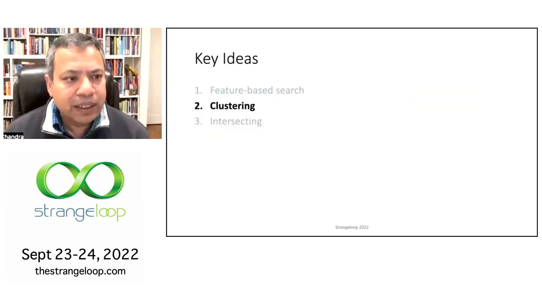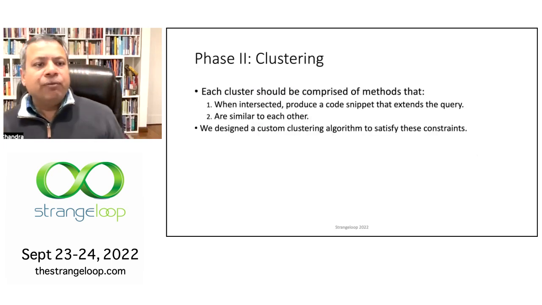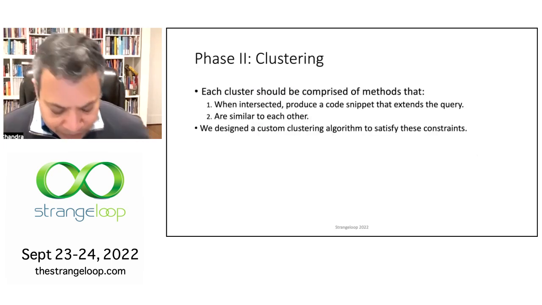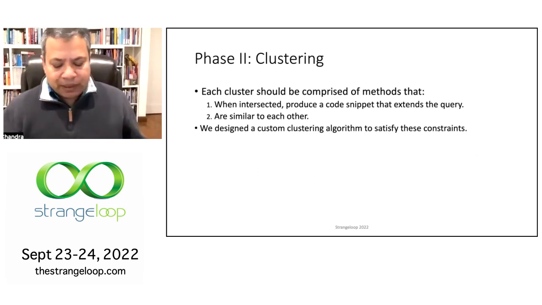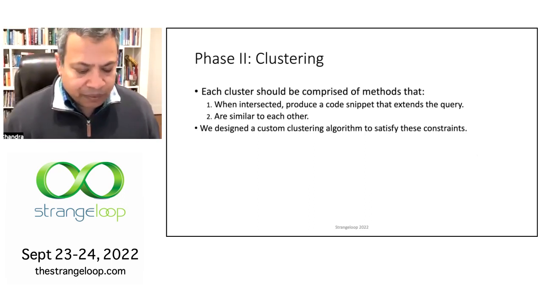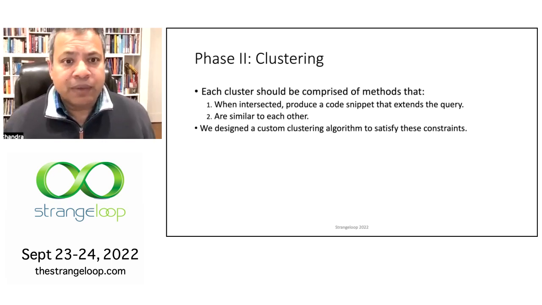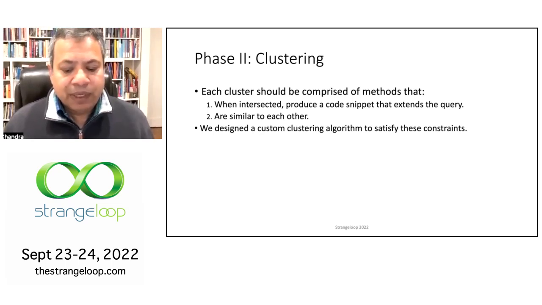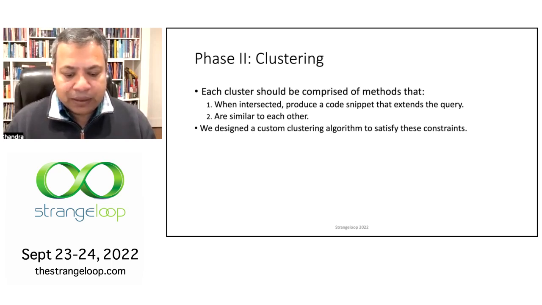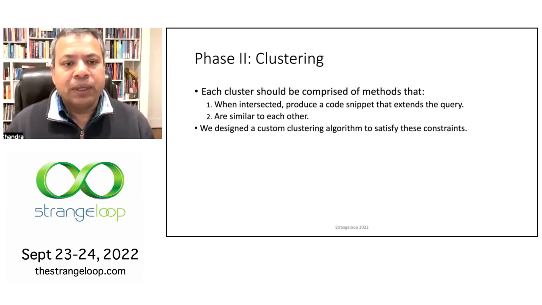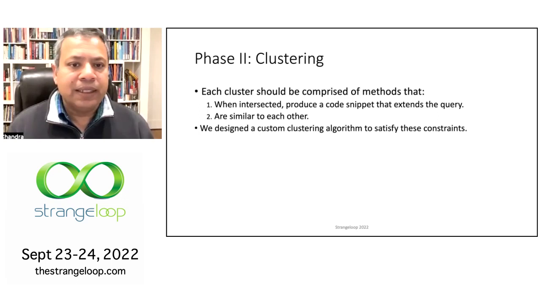So that leads us to clustering and intersecting. What we want from clustering is that many of these methods could be different from one another, but some of these methods will be similar in the sense that they extend the query lines or the code snippet that we started with in a similar way. So it makes sense to group those methods in the same cluster, and then we will have a bunch of clusters.